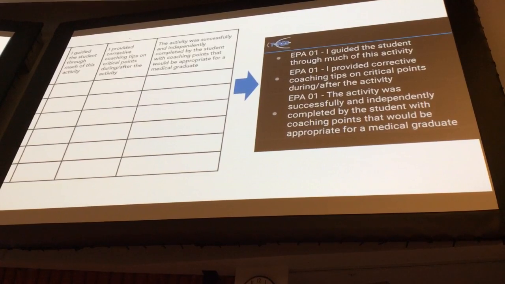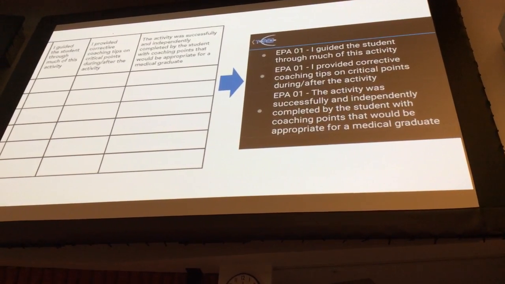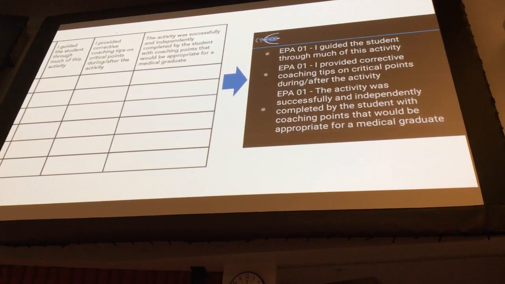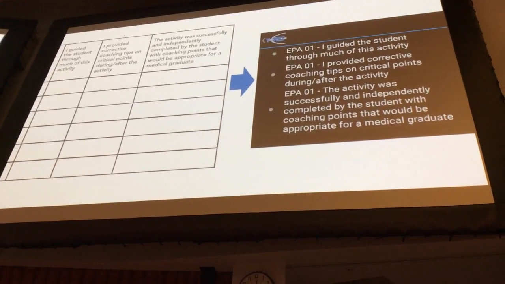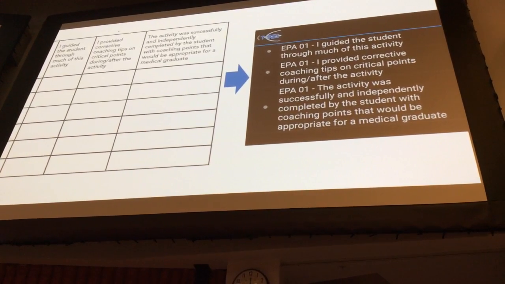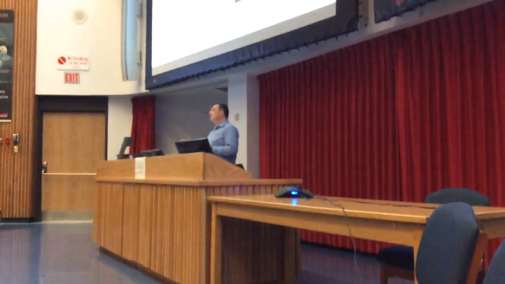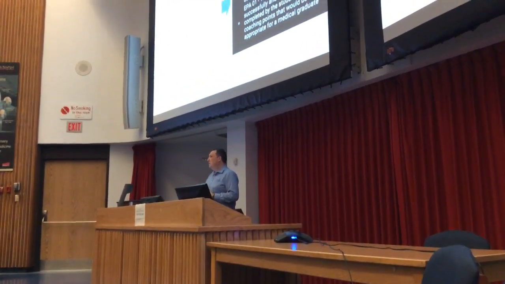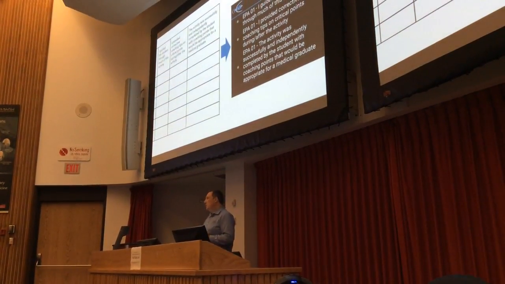It was about how much you guided the clerk. Was it that you had to do a significant amount, or a moderate amount at certain points, or that you had to do very little and they were essentially ready for independent completion of that task? That scale remains. There has been no change at all when it comes to that. So just so that people are aware, that's the new model and that has not changed.